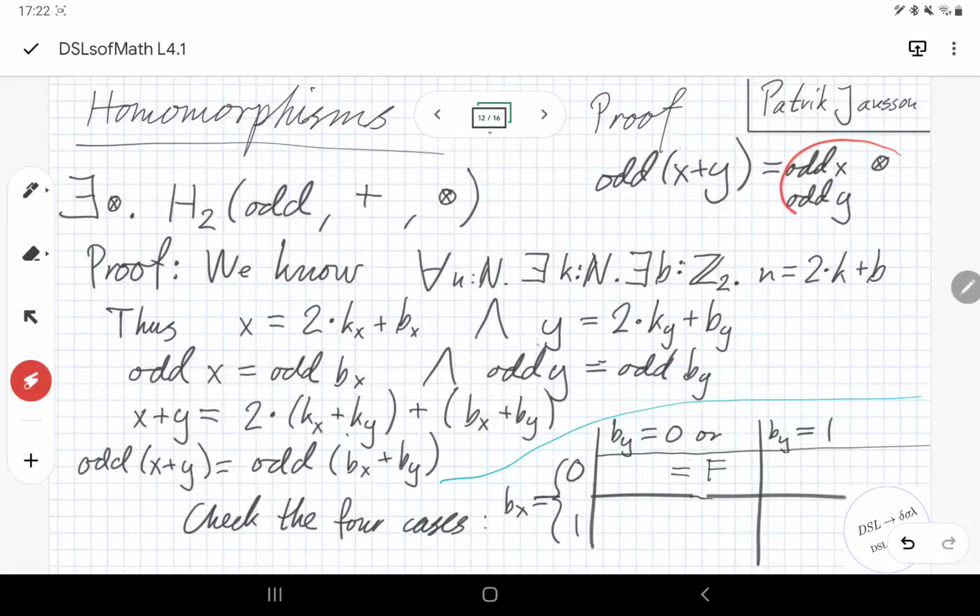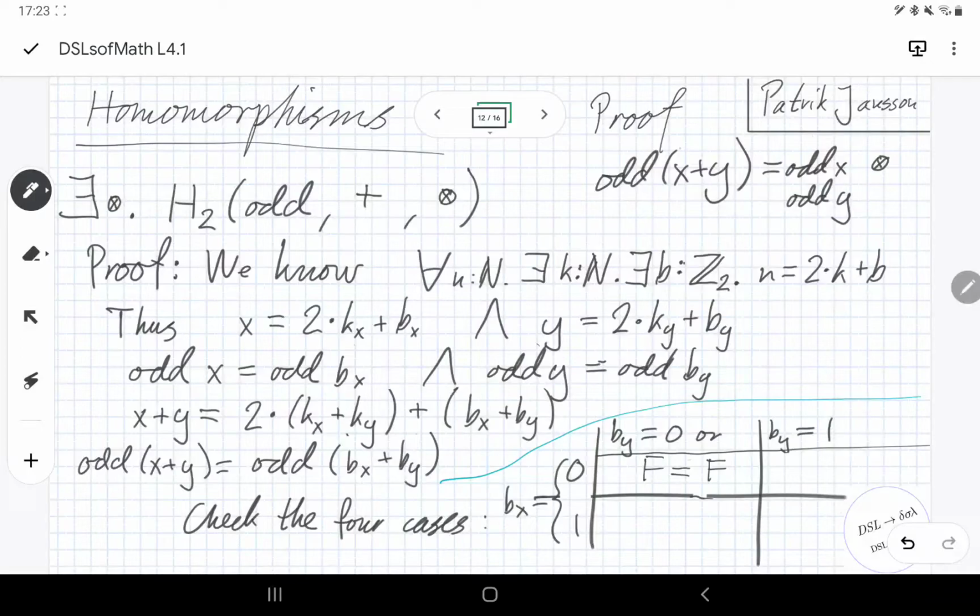So the right-hand side is the result of applying it to false, and the left-hand side is whether or not the sum is odd. Well, if we sum up 0 and 0, we get 0, which is definitely not odd. So false, we want to check here if false is equal to false. Yes, it is.